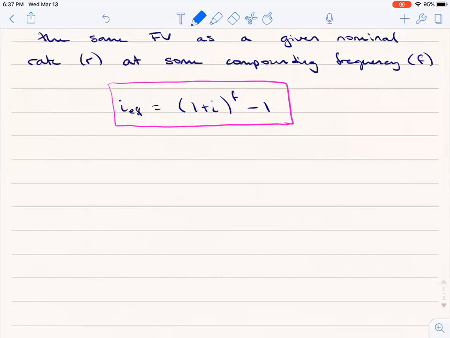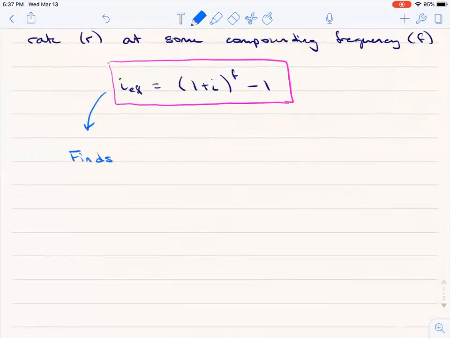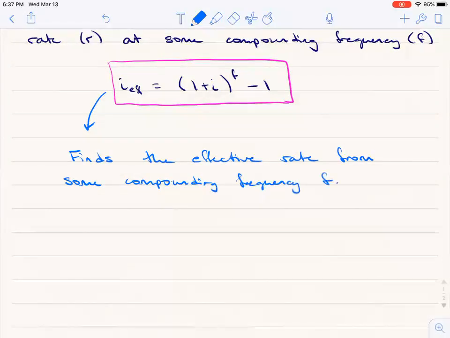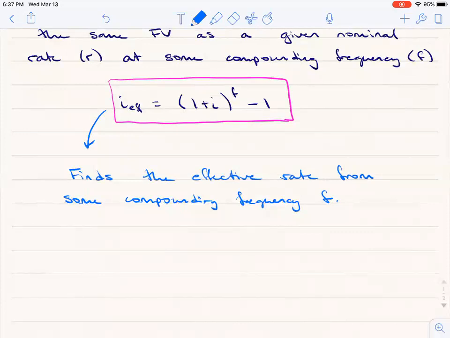This formula finds the effective rate from some compounding frequency F. So it's 1 plus I to the power of F minus 1.